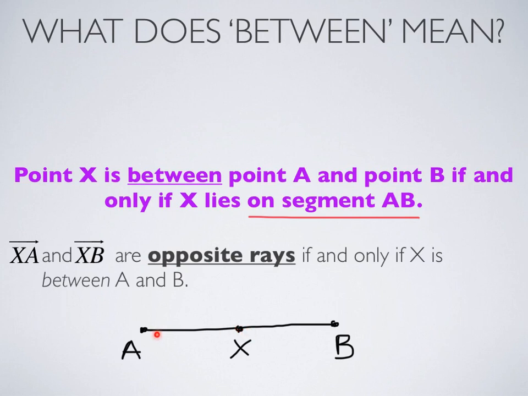If I want ray XA, that would go out like this. So I need to put arrowheads on the end of these. Hey, look at that. It makes a straight line. Opposite rays always form, and I don't even need to write the word straight, because in geometry all lines are straight. Okay? Opposite rays always form a line, because one arrow goes one way, one arrow goes the other way, and X has to be on the segment between the 2 endpoints, so it has to be in a straight line.